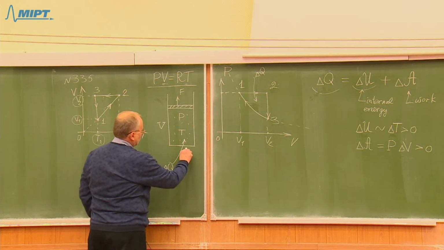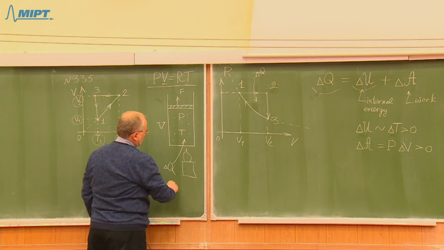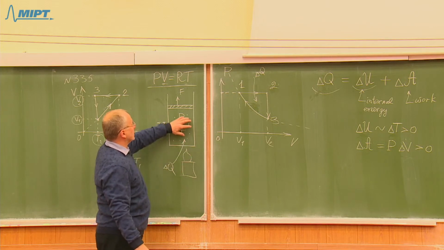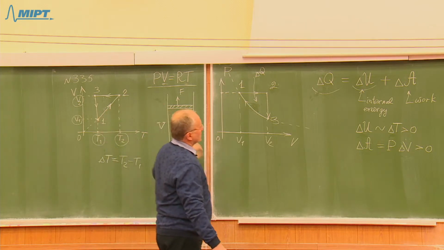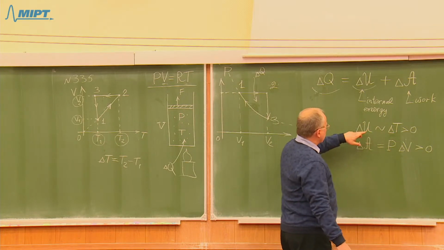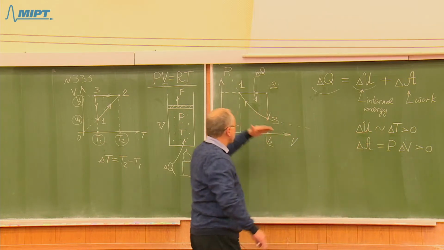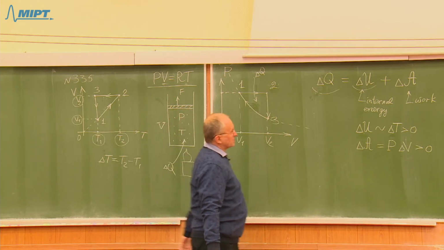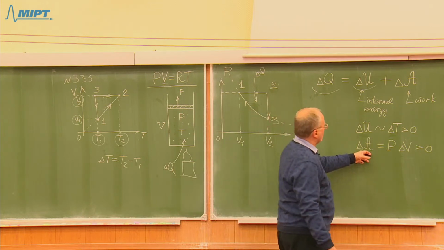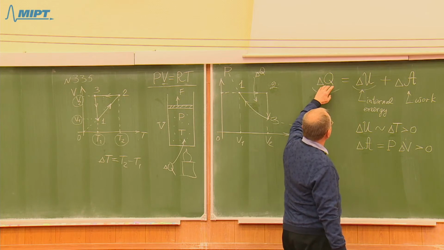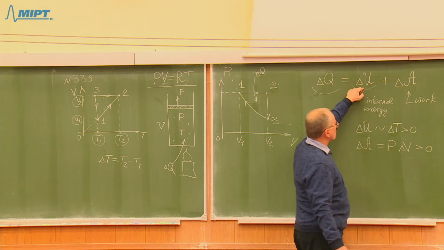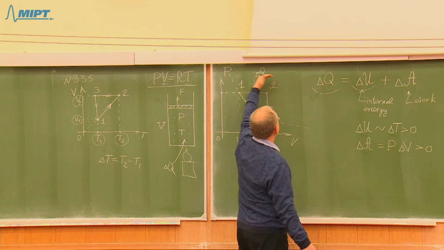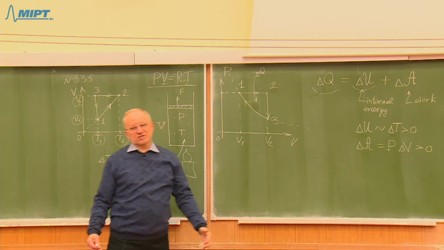From the outside bodies, like the fire of a candle, or any sort of heater, the energy should be given to the gas so that the gas temperature increases and the gas internal energy increases, and so that the volume should increase under constant pressure in this first process. The volume increases, and therefore the work performed by the gas is also positive. So the gas needs some energy in order to perform work and in order to increase its internal energy. And this energy, in the form of heat energy, should be given to the gas from outside bodies. The gas should be heated.